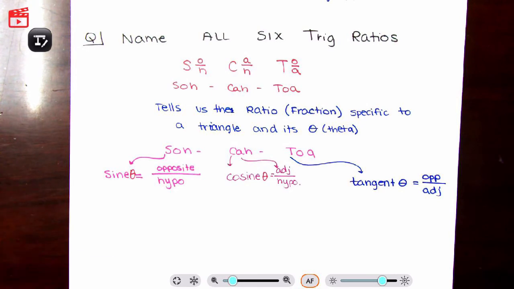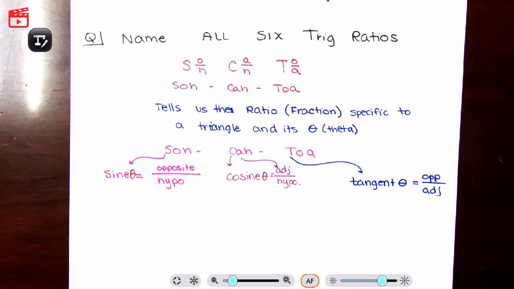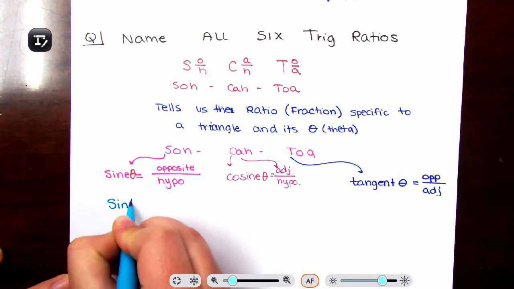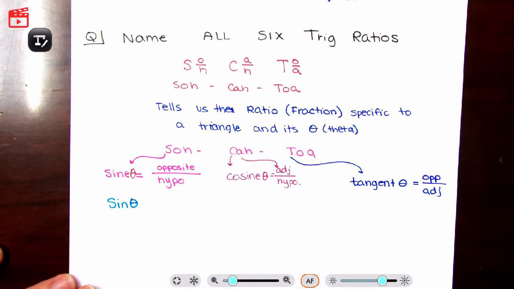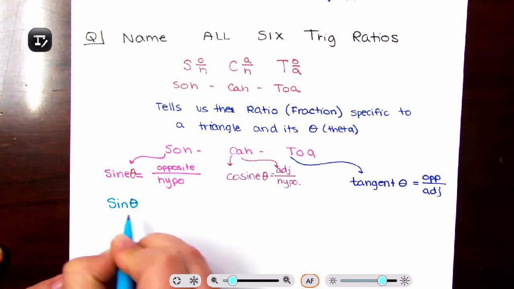Now, mathematicians, you already know this in my class, mathematicians are lazy. So we are too lazy to write out the entire sine, cosine, tangent, so we abbreviate. So instead of writing sine, we write sin without the E. This is not sin, you're not in church. This is sine.